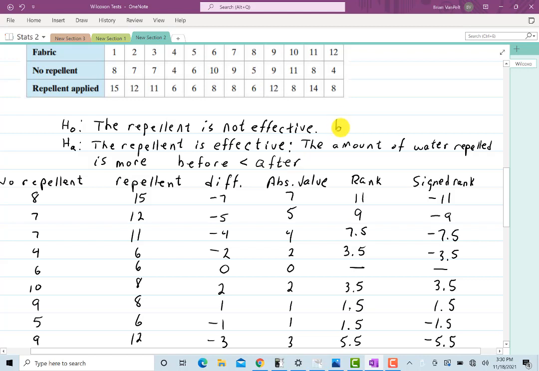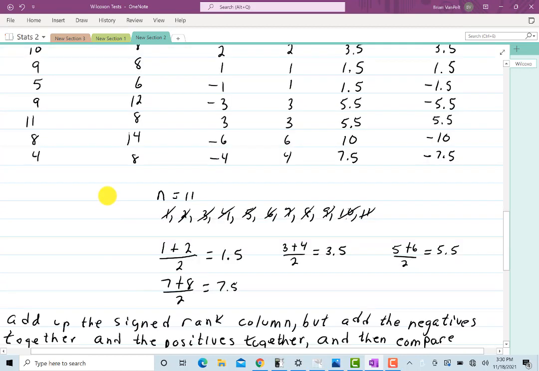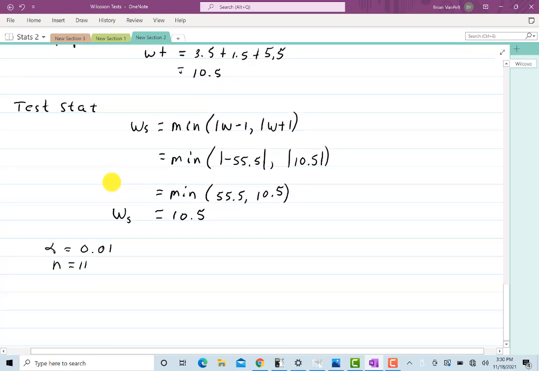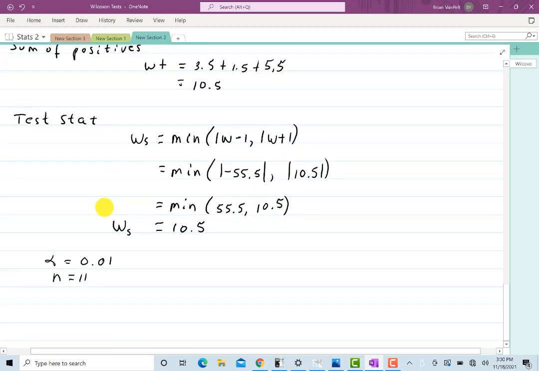For the first one, I would have my before greater than or equal to the after. So we can see that this is a one-tailed test. All right, sorry that I did that. Now come back down to where we were, because it's going to make a difference whether it's one or two-tailed. So this is a one-tailed test.